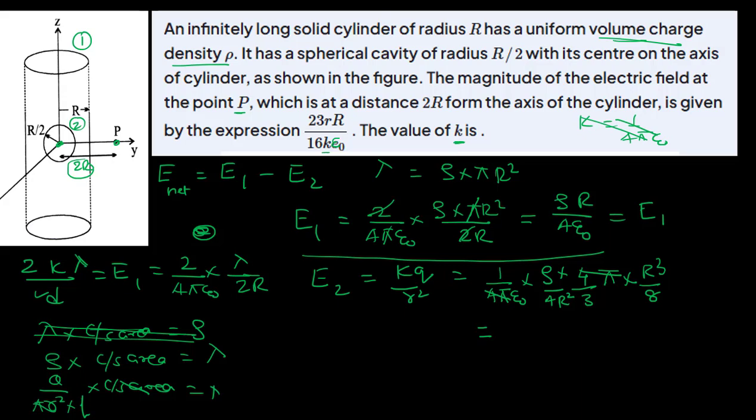Then in the numerator I will have rho r. In the denominator, 4π has got cancelled, so 24 into 4 is 96 epsilon naught. So E2 is rho r upon 96 epsilon naught.